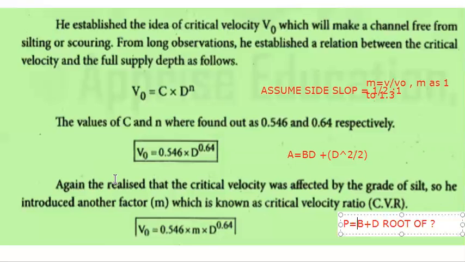Now, the second one is: given discharge Q, rugosity coefficient N, critical velocity ratio M, and B by D ratio X. So for this case too, we can calculate the velocity from the previous one, that is V is equal to 0.546 into M into D power 0.64. And you can calculate your area with A is equal to BD plus D square by 2, right?